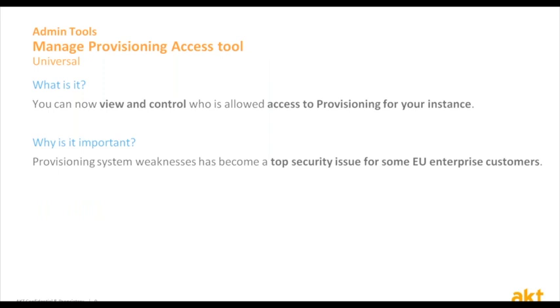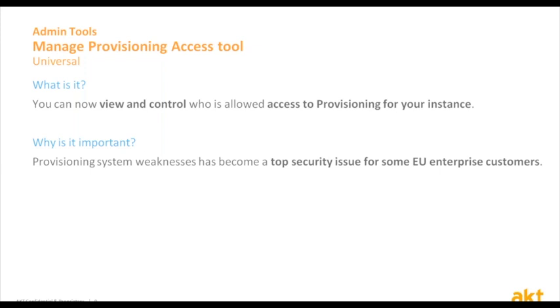Another big improvement for you is the option to manage your provisioning access in a new provisioning access tool under the admin center. So from this day on, you can view and control who is allowed to access the provisioning on your instance. Until now, you didn't have any visibility for that.